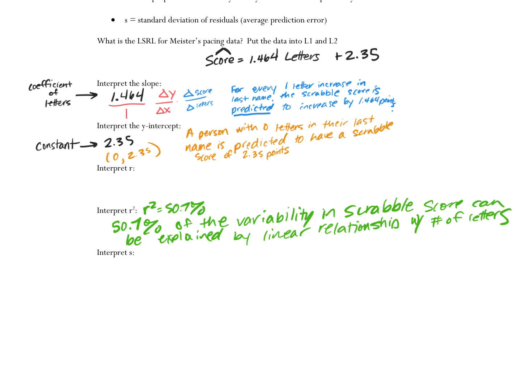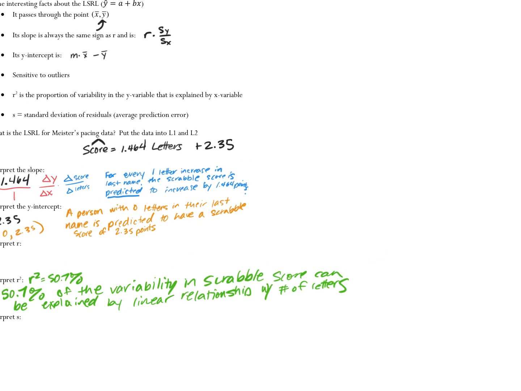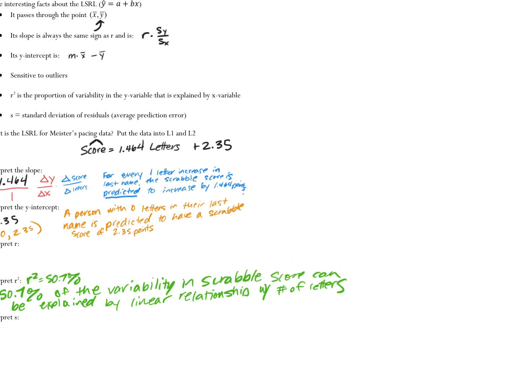Let's go back to that equation of the best fitting line. If I asked you what the sum of all the residuals should be, what would you say? Here's my scatter plot.